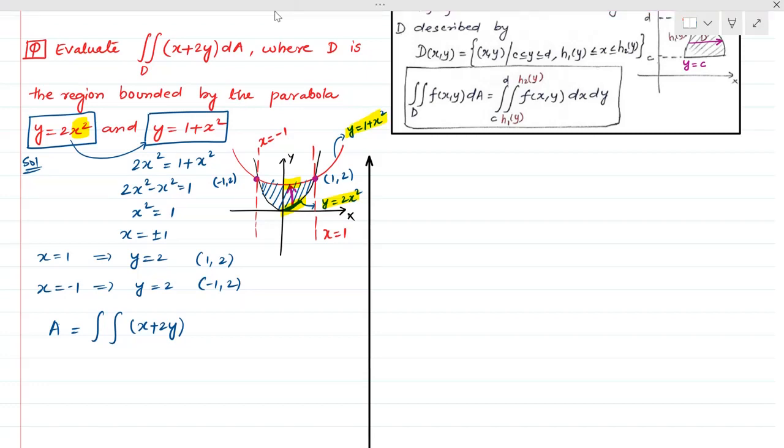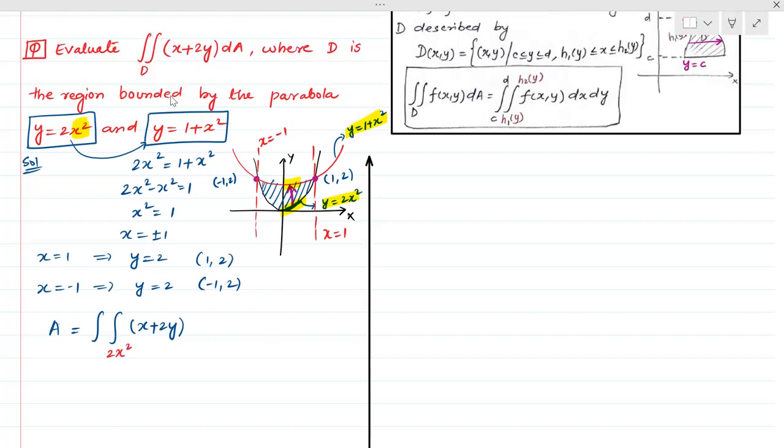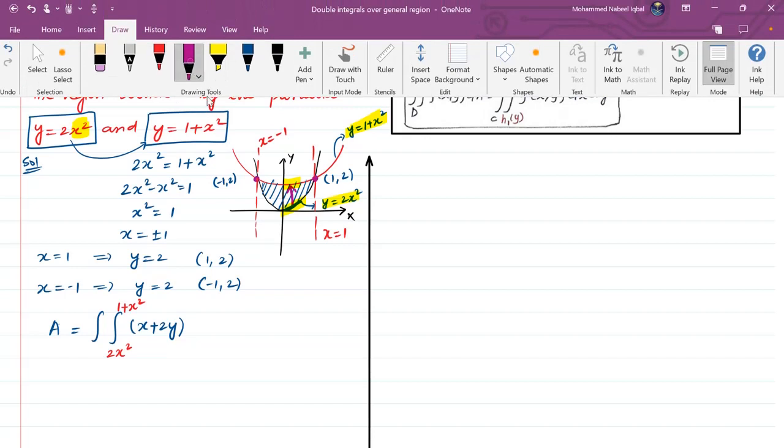So I have to write it in order. The order should not be changed. If you change the order, the value will be wrong. Therefore, from the bottom, the lower parabola, which is y equals 2x square, to y equals 1 plus x square. After that, what is the outer limit? The outer limit is parallel to these lines. What is this one?